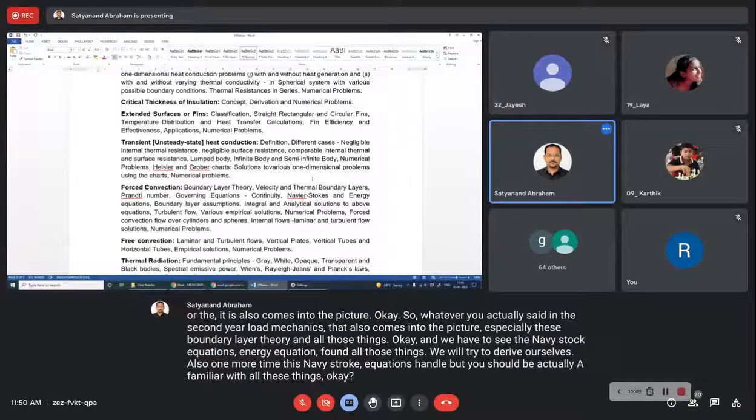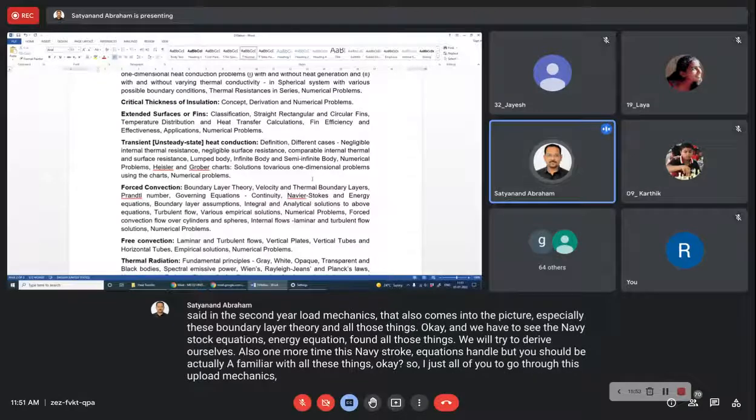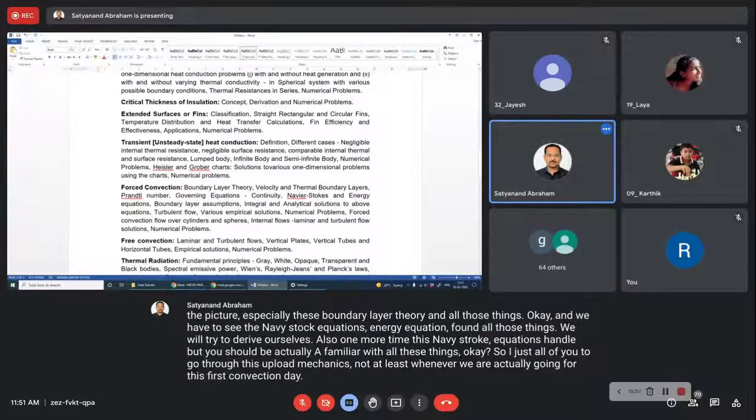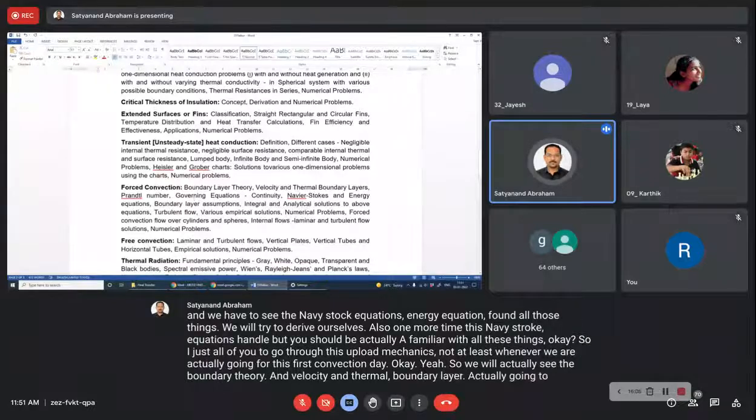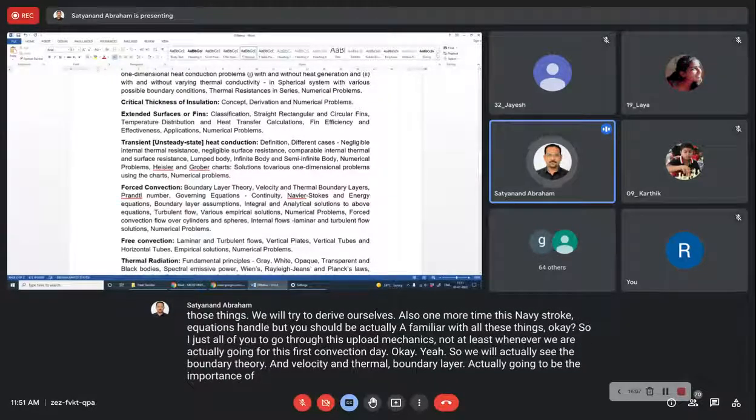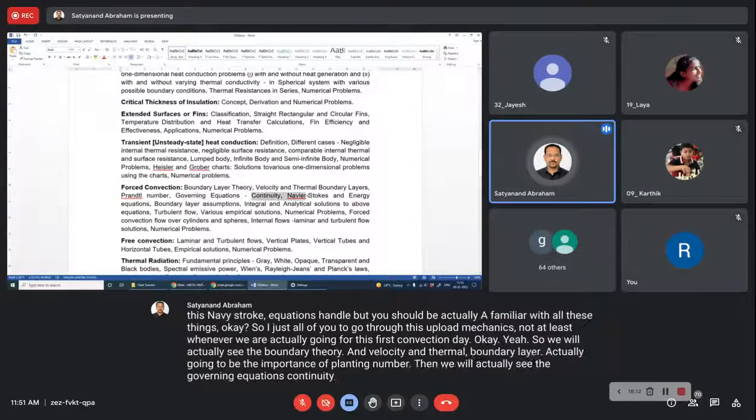Okay, so I would like all of you to go through fluid mechanics, at least whenever we go for this forced convection. Yeah, so we will see the boundary layer theory, the velocity and thermal boundary layers, and the importance of the Prandtl number. Then we will see the governing equations, continuity as well as Navier-Stokes.